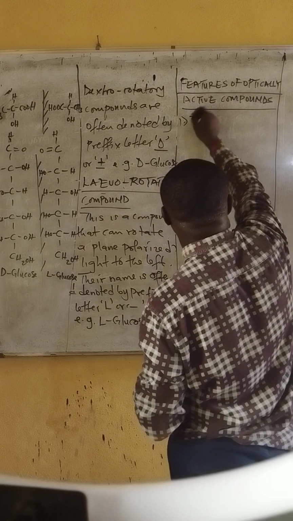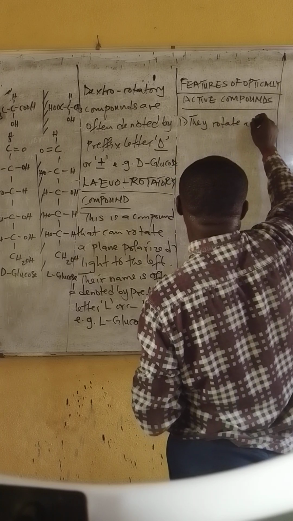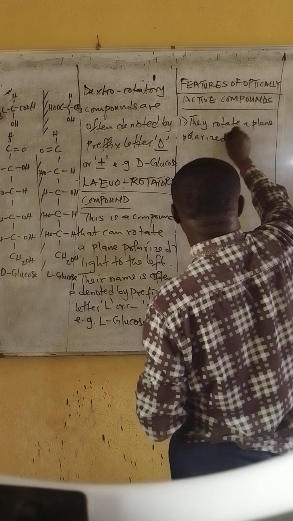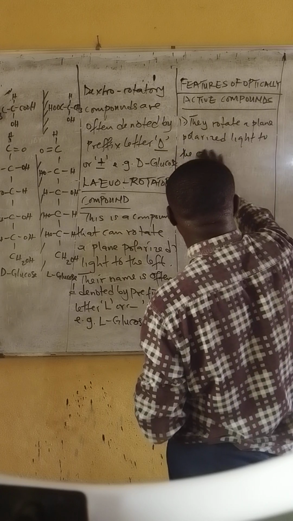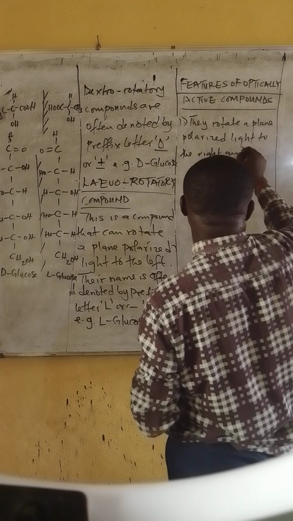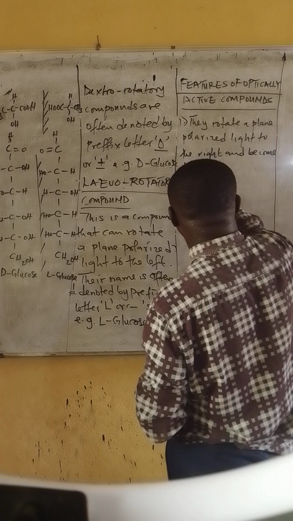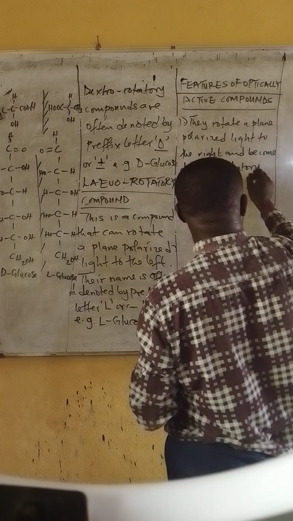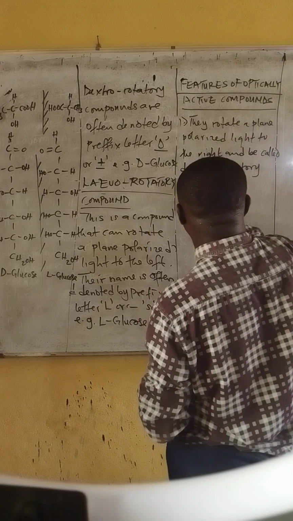Number 1, they rotate a plane polarized light to the right and become dextrorotatory and be called dextrorotatory compounds.